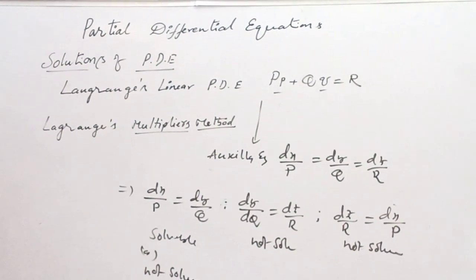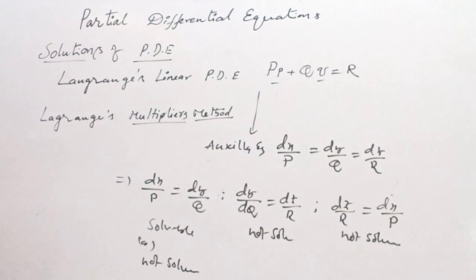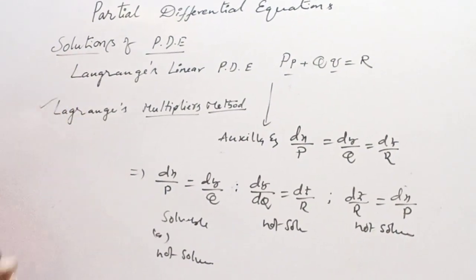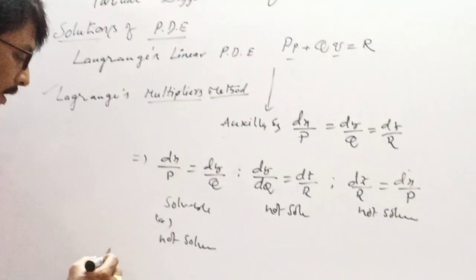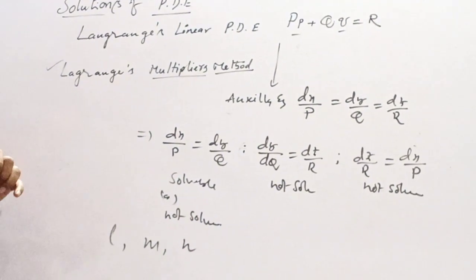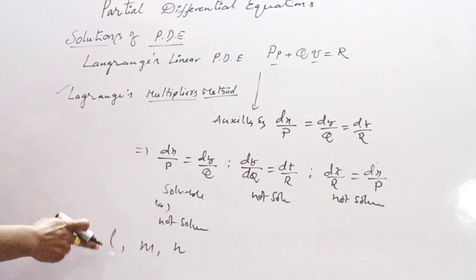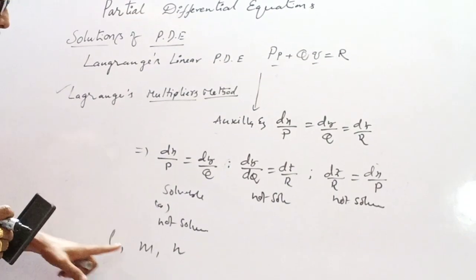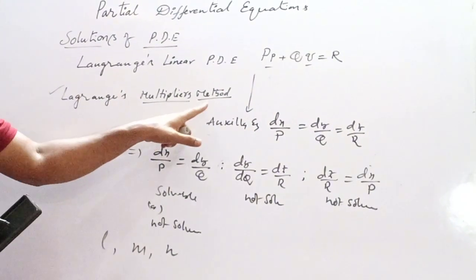Then we can suppose three multipliers. Those multipliers are known as Lagrange's multipliers, and are denoted by L, M, N. L, M, N are our supposition, and these are called Lagrange's multipliers.